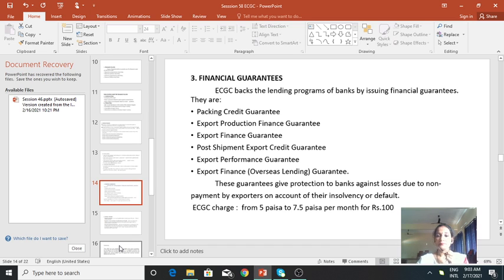These guarantees give protection to the banks against the losses due to non-payment by the exporter, and ECGC charges from 5 paisa to 7.5 paisa per month for rupees 100.